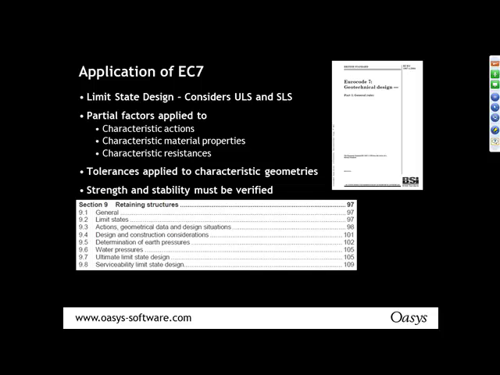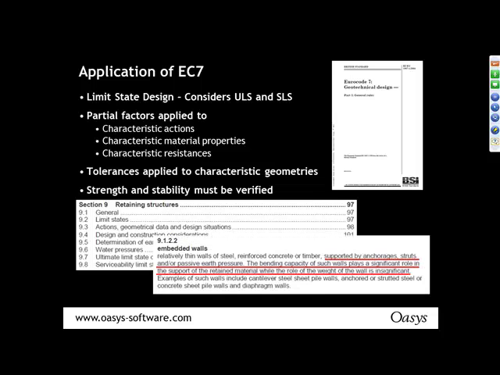It considers ultimate limit state analysis and SLS analysis. But for Frew, you would really be using the partial factors to carry out your ultimate limit state analysis. The factors are applied to actions, material properties, and resistances. The designer also needs to think about, for example, characteristic geometries. So this is the section from section 9, which is relevant to embedded retaining walls.